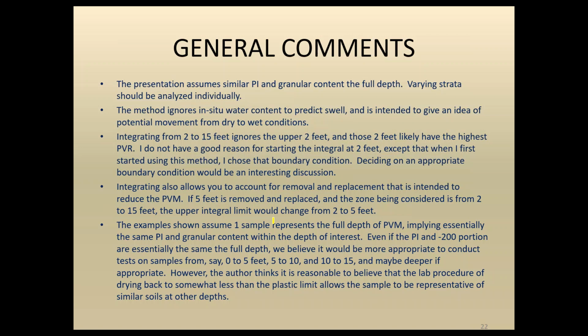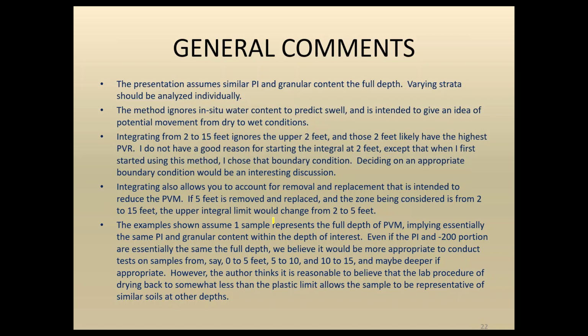The examples shown assume one sample represents the full depth of potential vertical movement, implying essentially the same PI and granular content within the depth of interest. Even if those values of PI and -200 are essentially the same over the full depth, I think it'd be more appropriate to conduct tests on samples from, say, 0 to 5 feet, 5 to 10, and 10 to 15, and maybe deeper if appropriate.